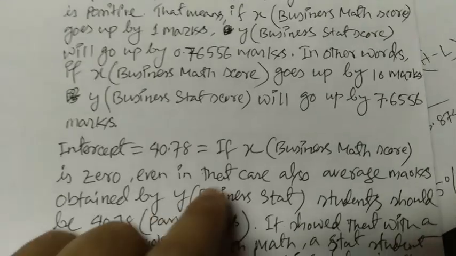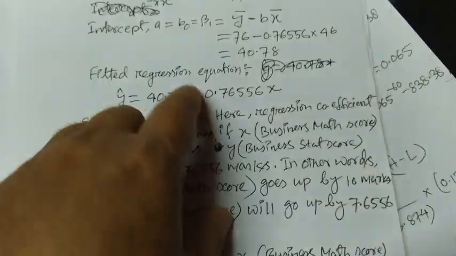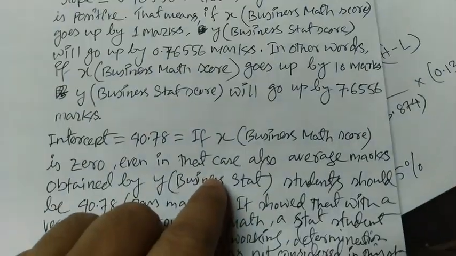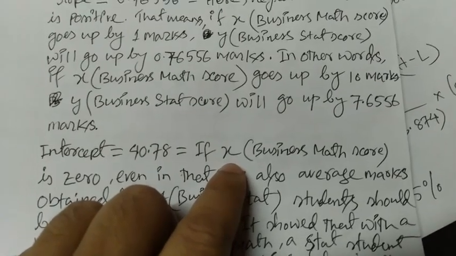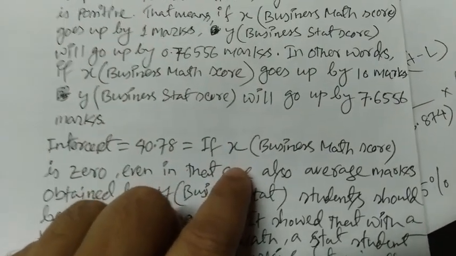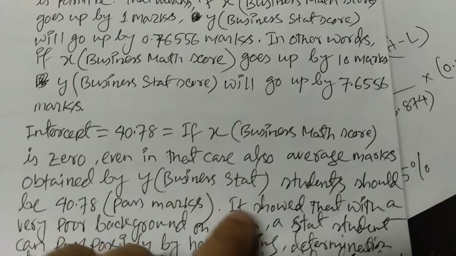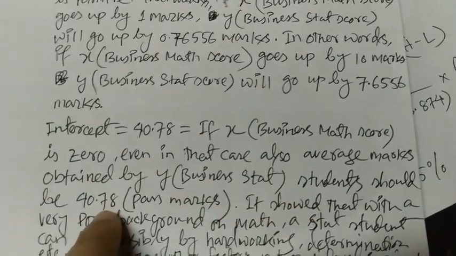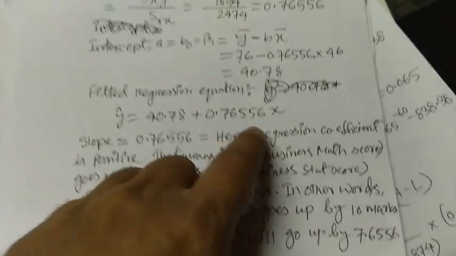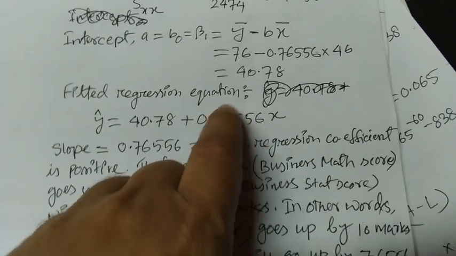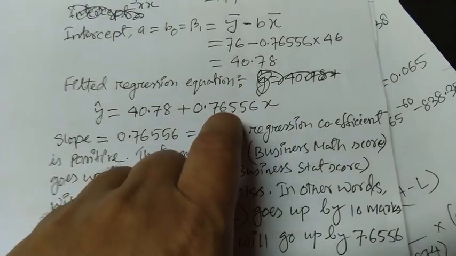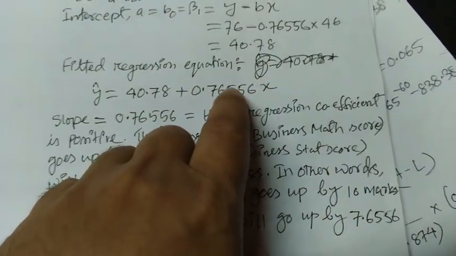According to this regression model, if a student gets 0 in the business math course, he or she may still get 40.78 marks in business stat, because this part will be 0.